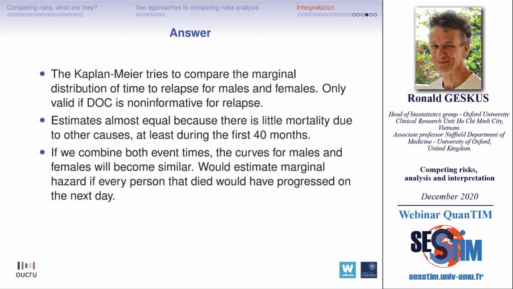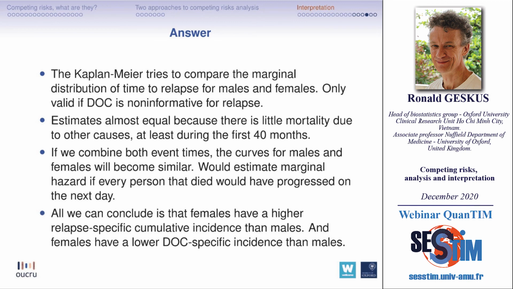Individuals that die are given an event as well. If you want to interpret this as a time to relapse estimate, what you are saying is that when they died, they had a relapse. Relapse was not observed, but you assume that it would have been observed right after.